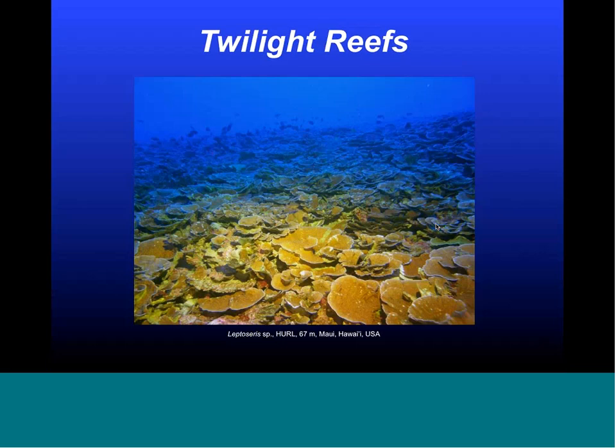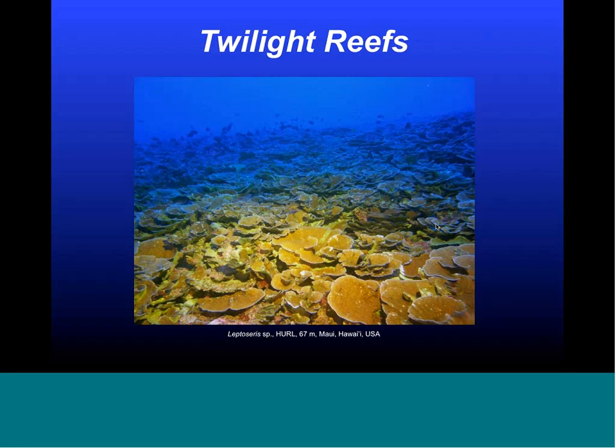So twilight reefs are generally what is often publicized as a beautiful 100% coral cover of the zooxanthellate corals, of these hard corals. And this is a picture taken by her of Maui Island in Hawaii, at about 67 meters.